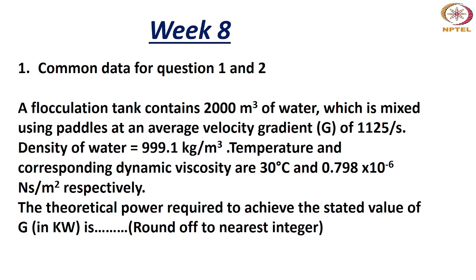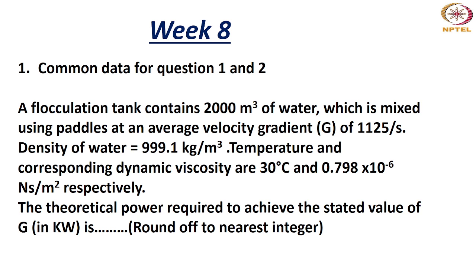A flocculation tank contains a volume of 2000 meter cube of water, which is mixed using paddles at an average velocity gradient, that is G, of 1125 per second. Density of the water is 999.1 kg per meter cube.